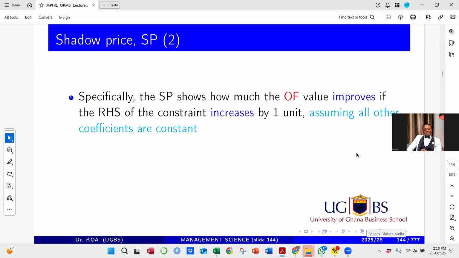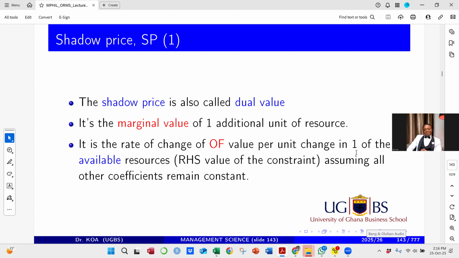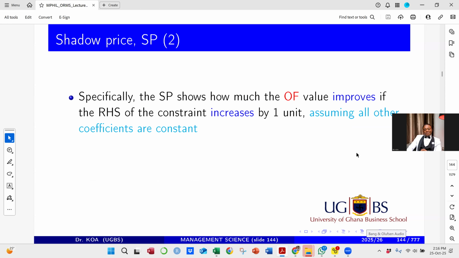Let me ask you a certain question. Remember, if we are dealing with costs, and the shadow price is positive, it means that cost will reduce.